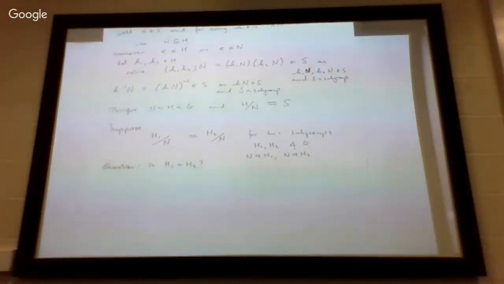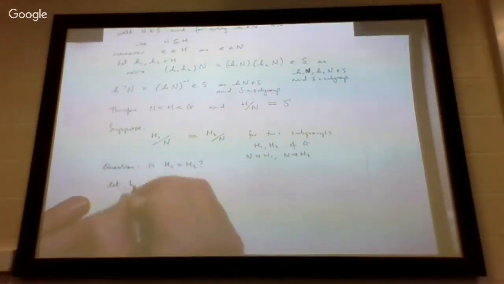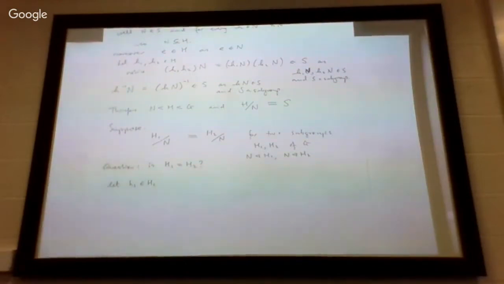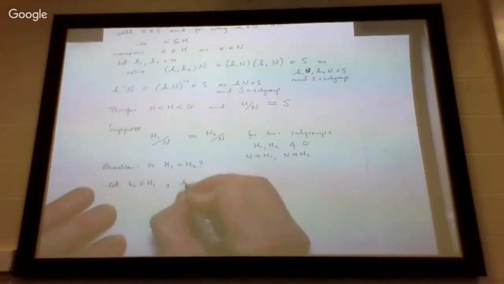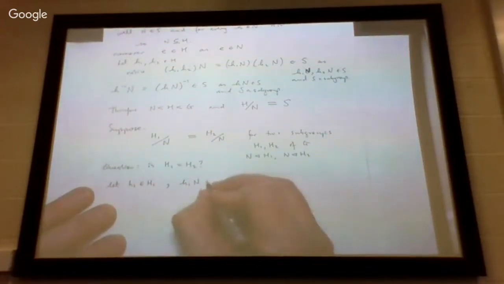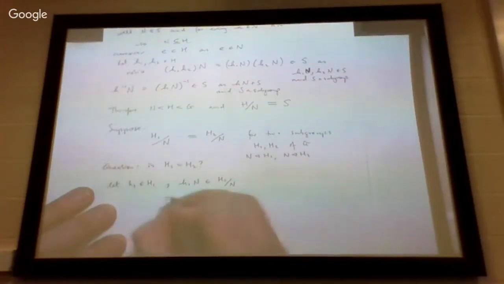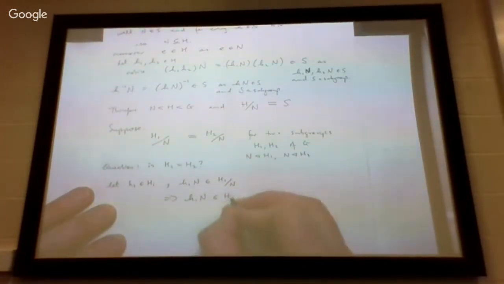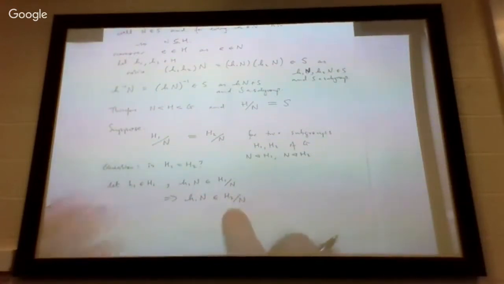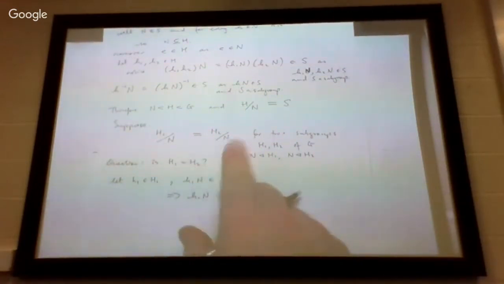So he proves that here. Let little h1 be in H1. So h1N is an element of this quotient group, this factor group, because we assume they're the same.